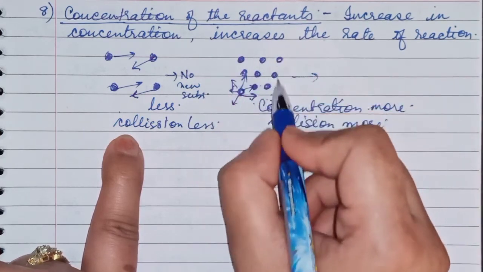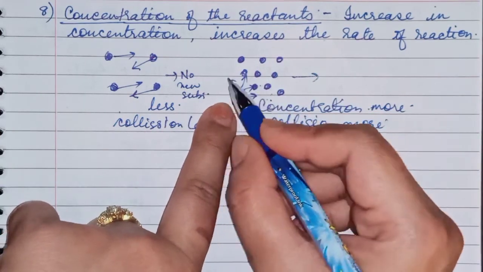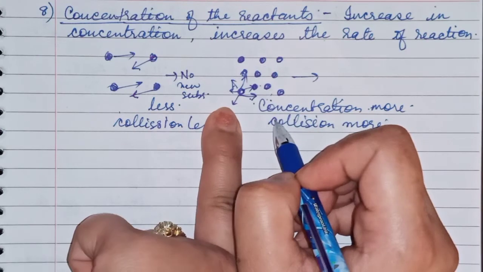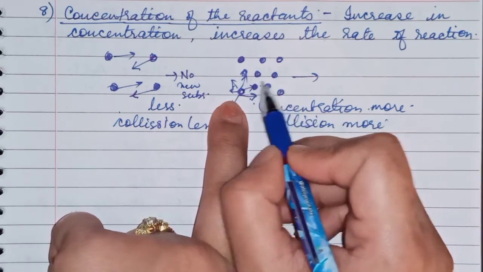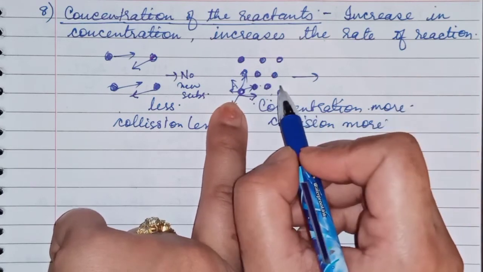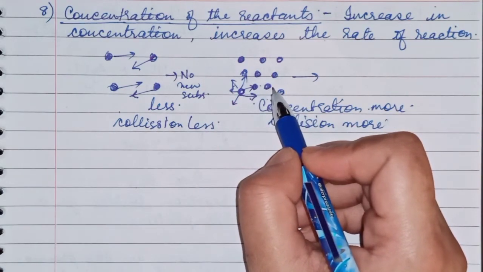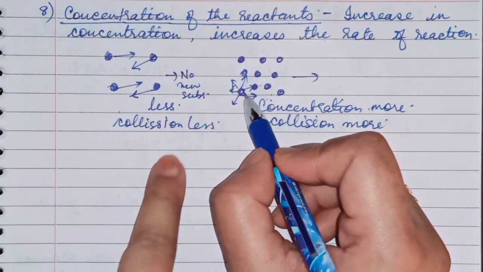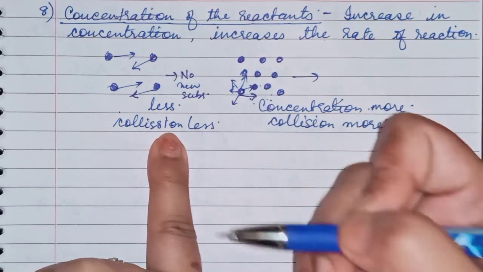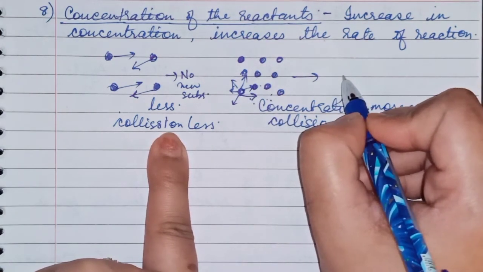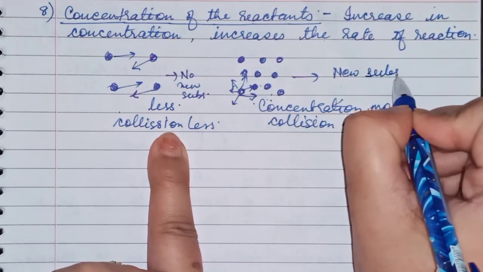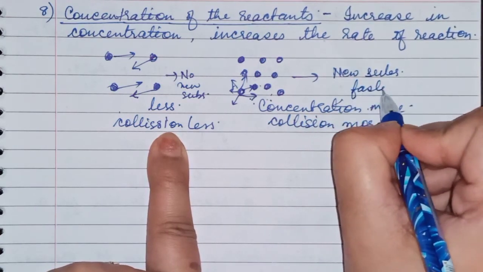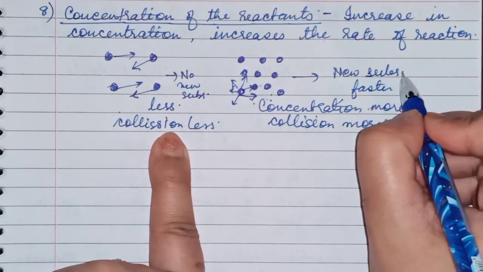Here the number of molecules is more, so the collision rate will be more. If they are coming in close contact, like the contact we discussed in point 1, the rate of reaction will be more and new substance will form faster.